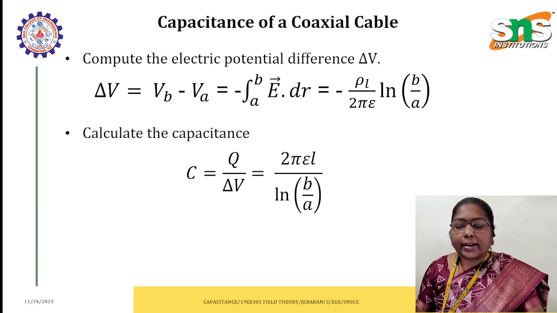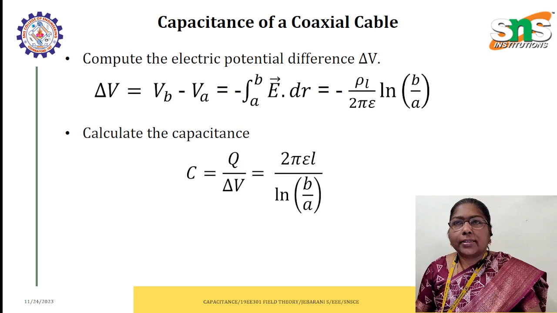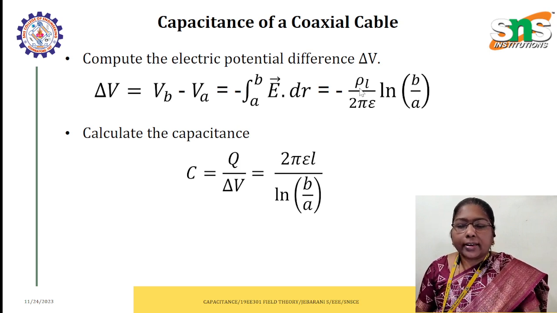You take your limit from A to B, and you get the potential difference as rho L divided by 2 pi epsilon ln of B by A, and from that you can calculate the capacitance easily.